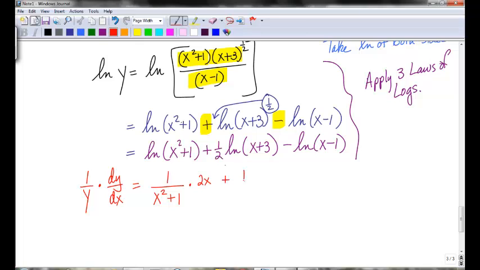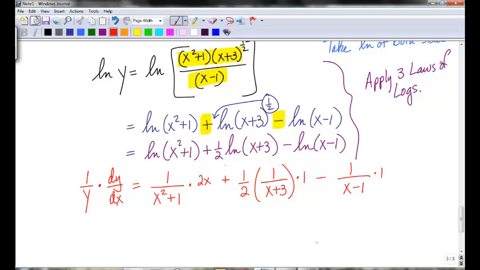Plus, leave the 1/2. What's the derivative of natural log of x plus 3? 1 over x plus 3 times 1. Minus, derivative of natural log of x minus 1 is just 1 over x minus 1, and then there'd be a times 1 in there also.